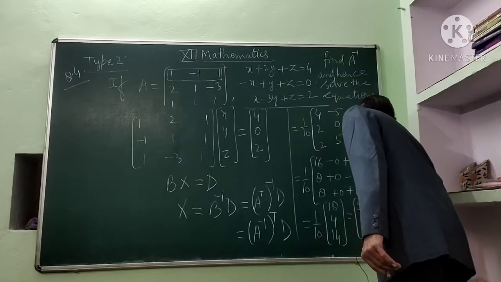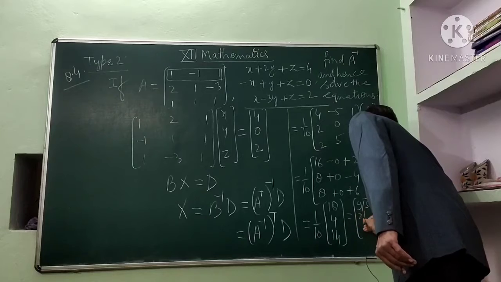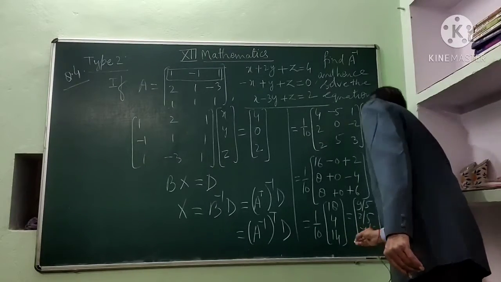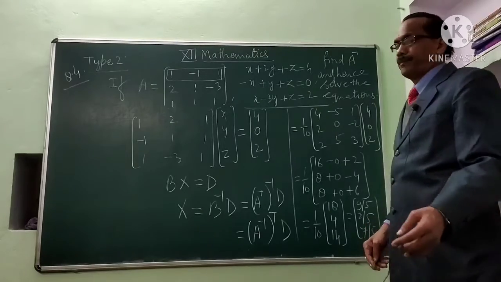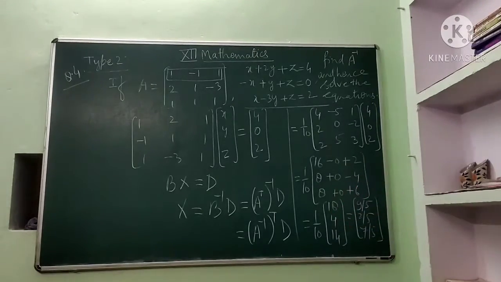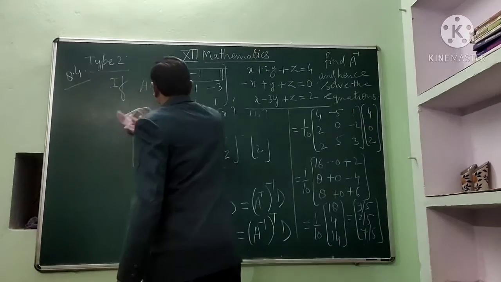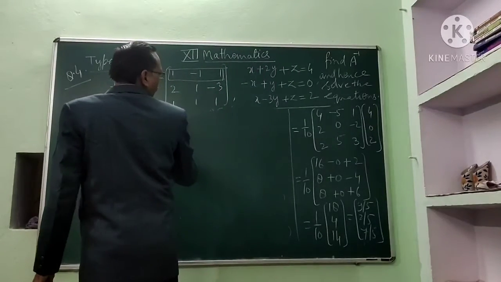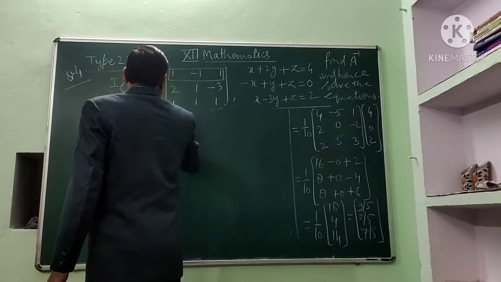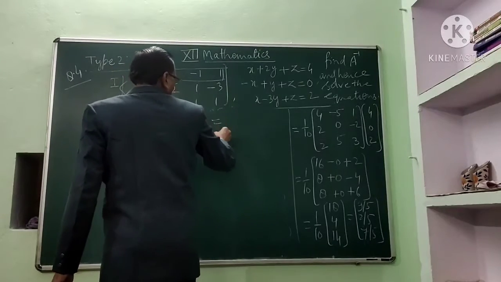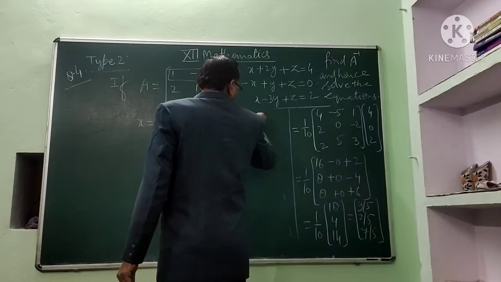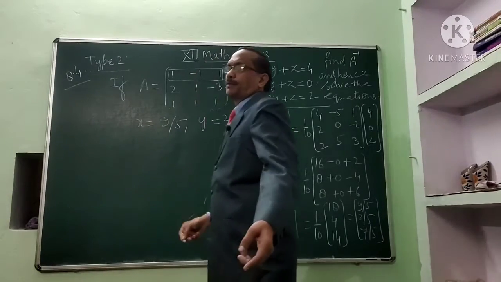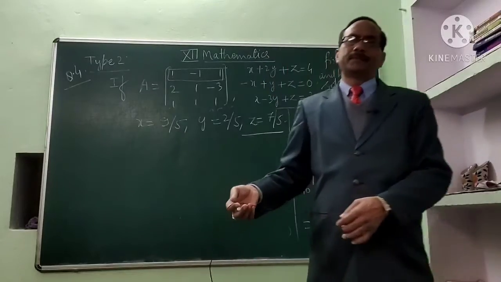It is 9 upon 5, 2 upon 5, and 7 upon 5. So x equals 9 upon 5, y equals 2 upon 5, and z equals 7 upon 5. These are the values of x, y, z.